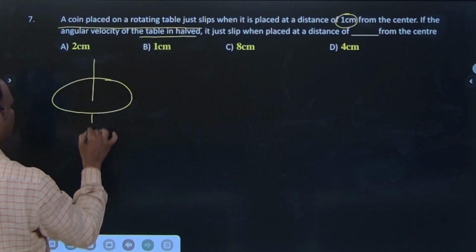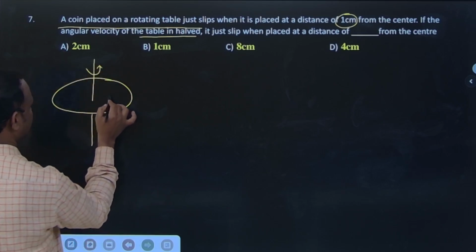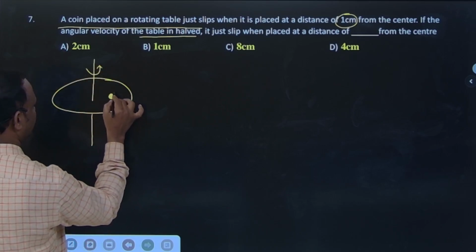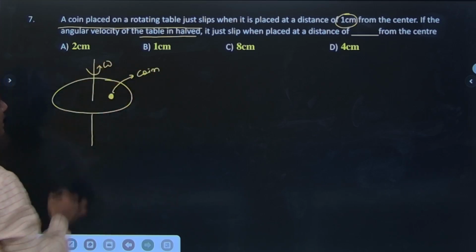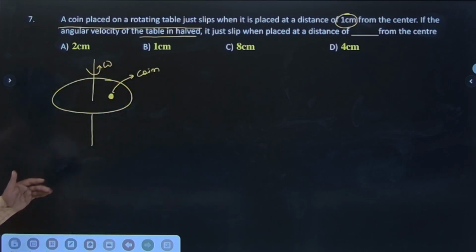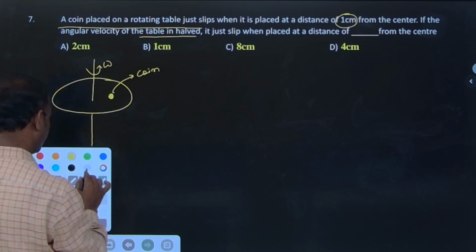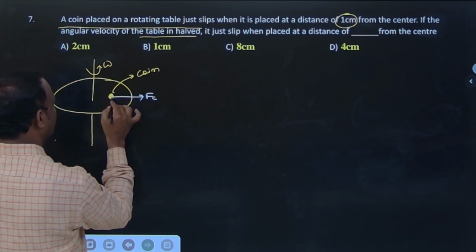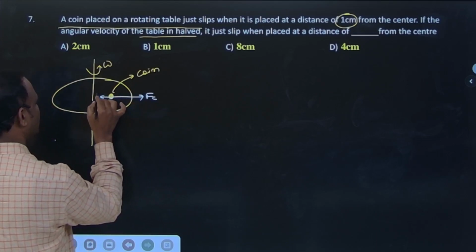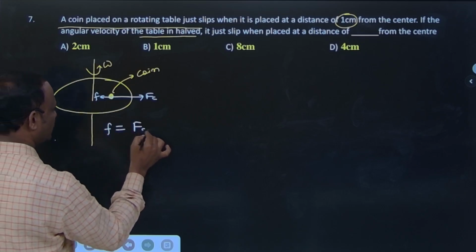It is rotating, this is the coin, with an angular velocity omega. Just slips means at this position the central force Fc is balanced by the frictional force. So frictional force F is equal to Fc.